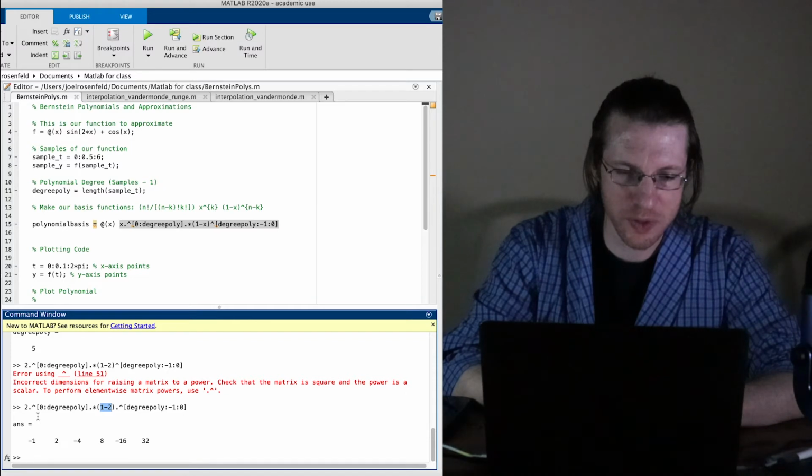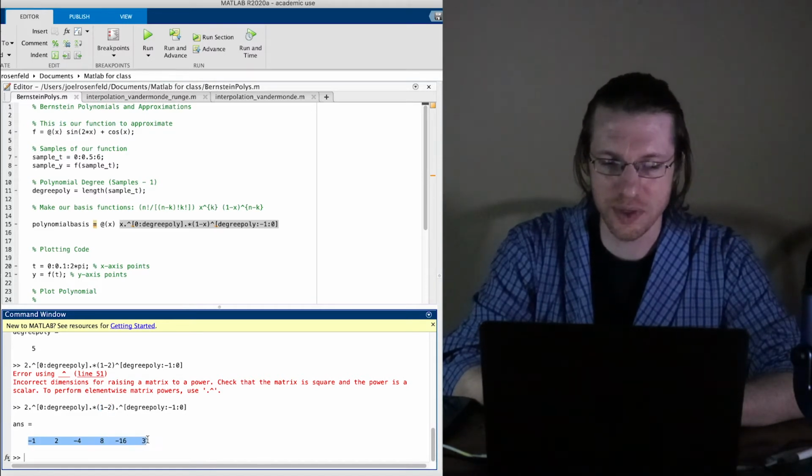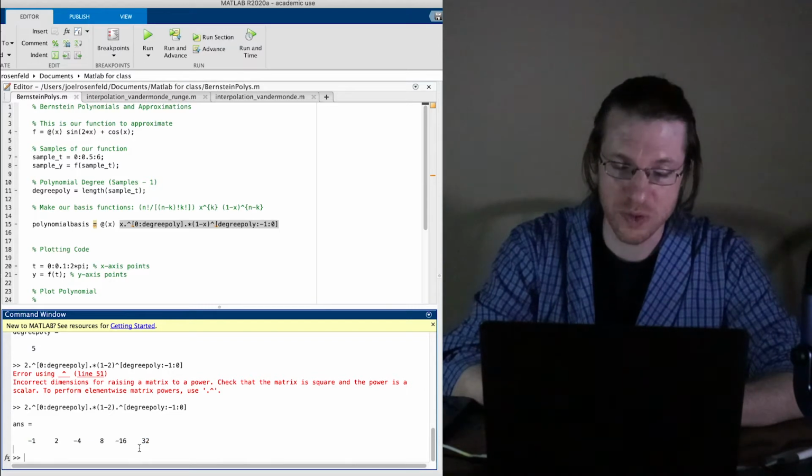We still keep those 2s that gave us 1, 2, 4, 8, 16, 32. But here, since it's 1 minus 2, that's going to give us -1. So this is going to be -1 to the 5th, -1 to the 4th, -1 to the 3rd, -1 to the 2nd, -1 to the 1st, -1 to the 0th, right? That's giving us that basis, so that's good.